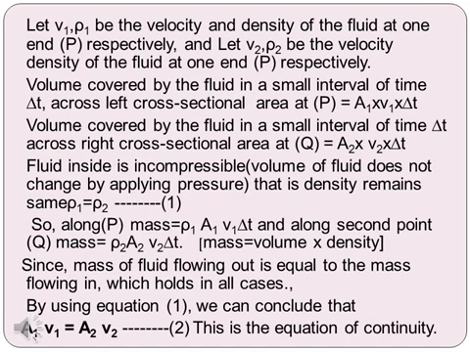From this expression, the delta t's are cancelled on both sides. Then we get the expression in the form a1 v1 is equal to a2 v2, which is equation 2. This equation is called the equation of continuity of the streamline.